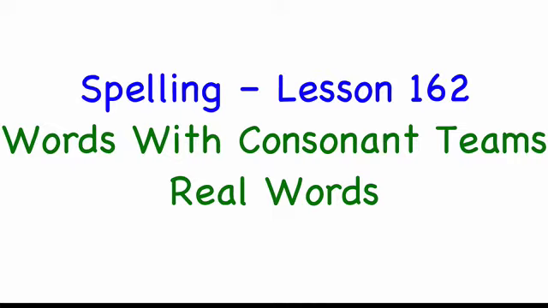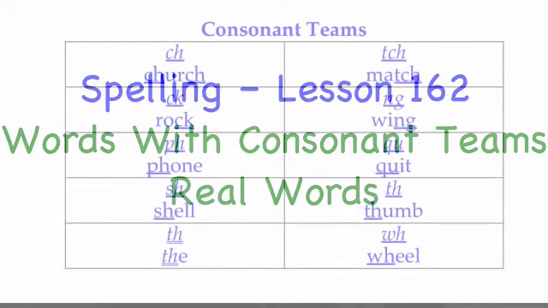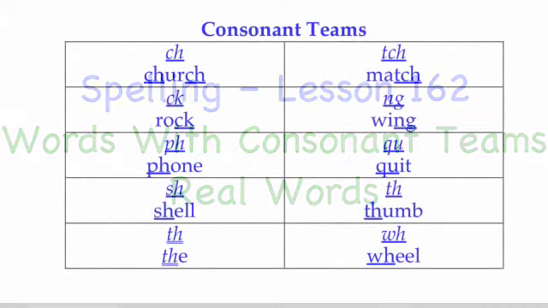However, with a consonant team, you'll have 2 or 3 letters clustered together, but the individual letters within that cluster do not represent their own individual sounds, and instead, the 2 or 3 letters, when combined, become a team, and they represent an entirely different sound.